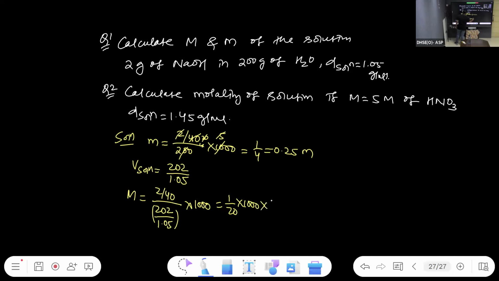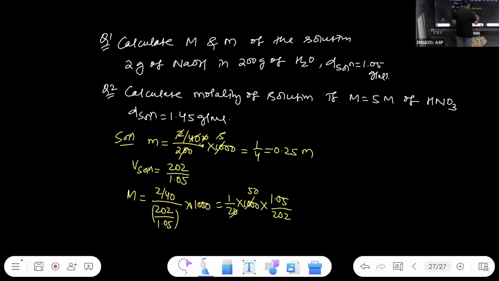Into 1000 into 1.05 divided by 202. So 50 into 1.05 divided by 202.